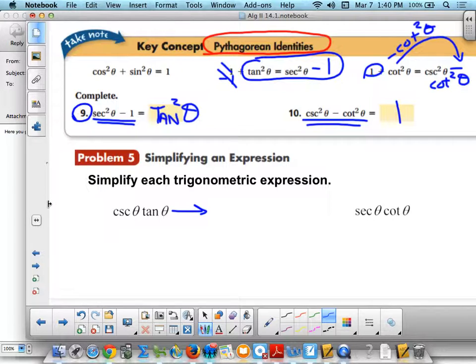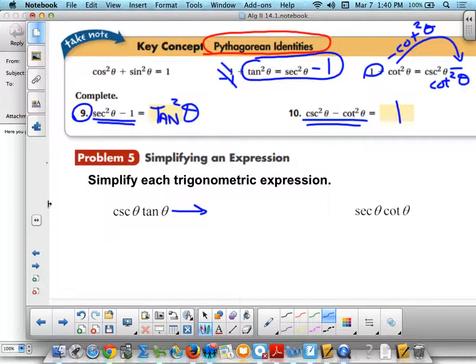Anybody got it? Some people work ahead, I know that, so I'm just wondering if anybody got it. Just point at it if I come by and you haven't done it. Okay, is tangent of theta really 1? Hey guys, remember my hint? My hint is change everything to what? Sine or cosine.